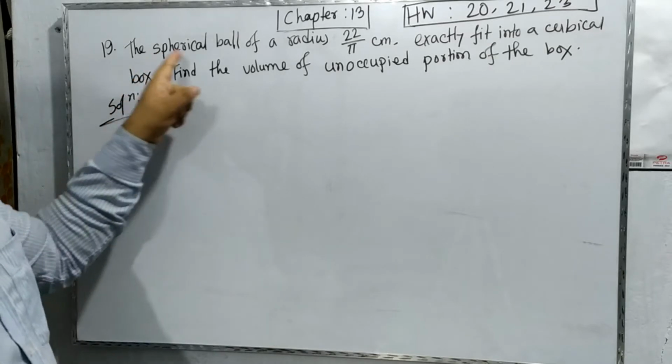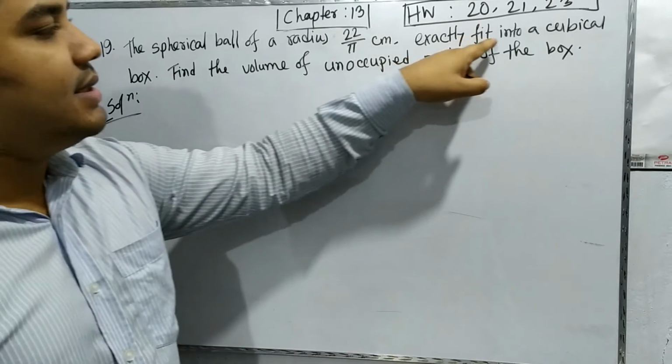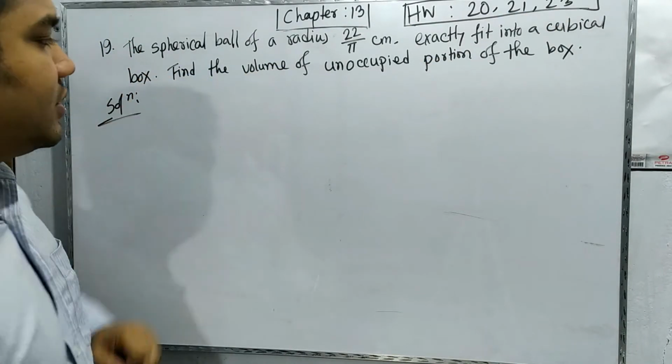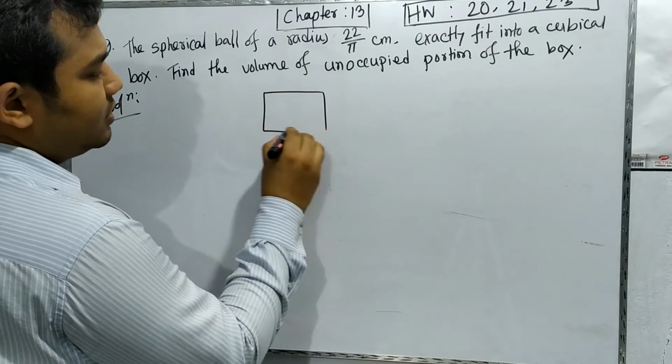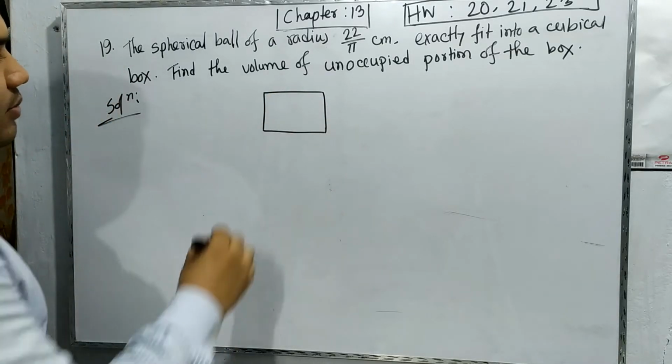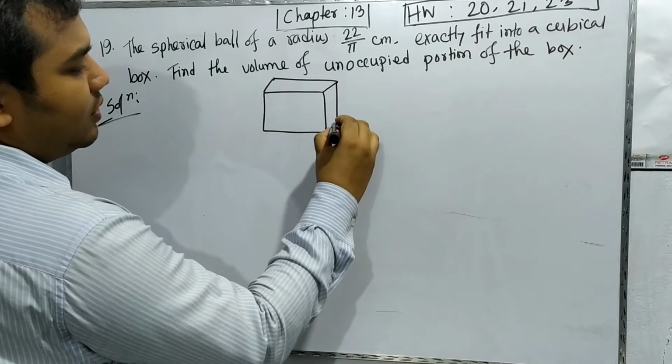Here there is a spherical ball. This ball has a radius, and it is given that it exactly fits into a cubical box. So think that this is our cubical box.